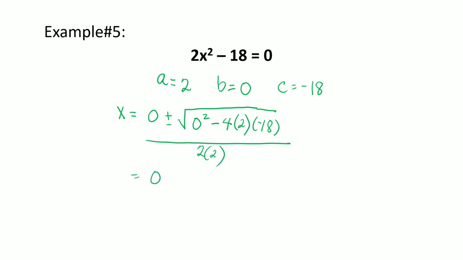So that will be 0 plus minus the square root of, so inside the radical sign we have 0, negative, negative, so that will become positive. 4 times 2 times 18. So what is that? 144.